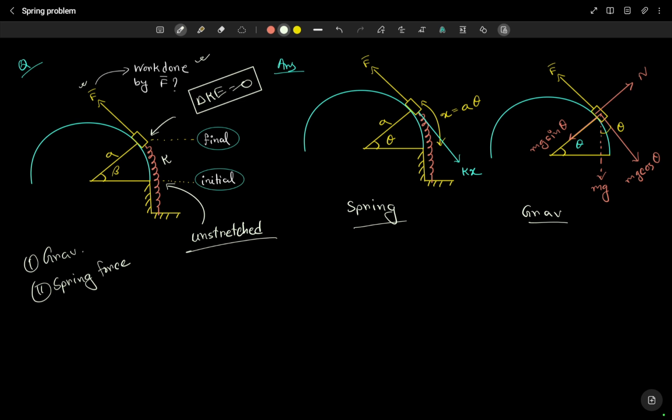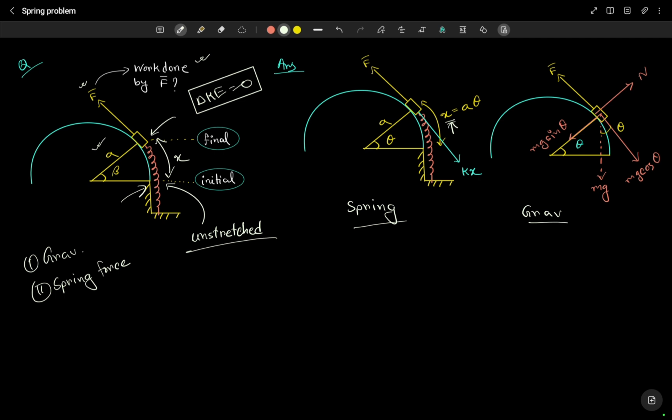As we have already told, the unstretched position is the initial position, which is here, and this, as you can clearly see, is a part of a circle, and the displacement will be this arc, which we will call x, and this x will be equal to radius times the angle that it's making with the horizontal.